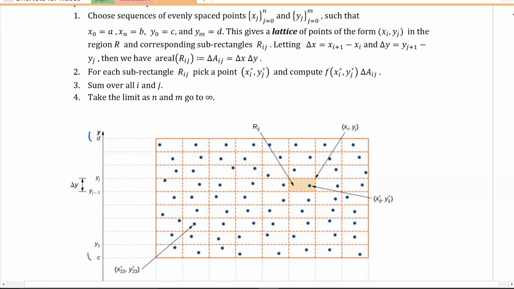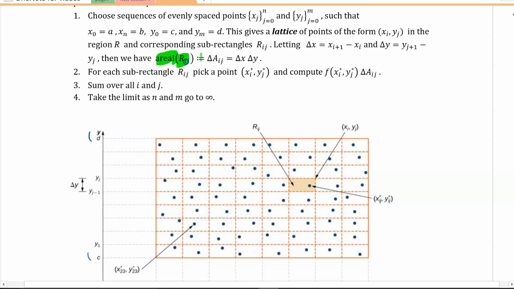For each subrectangle, we're going to pick a point, call it x sub i star and y sub j star, plug that into the function and multiply it by the size of that corresponding subrectangle. What is that going to be? That's going to be the area of that rectangle.